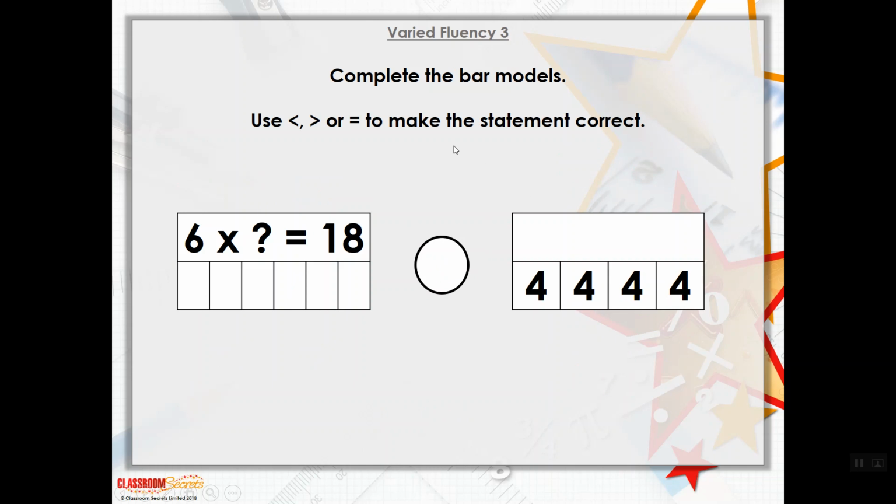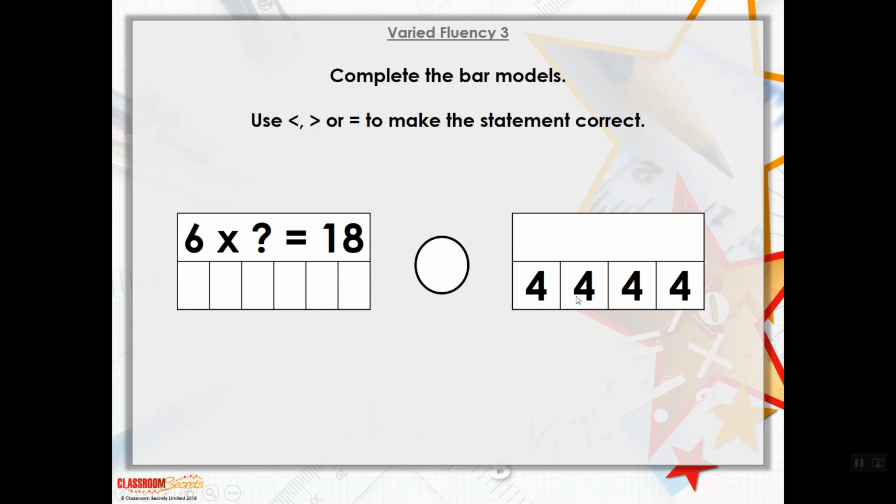Now, we need to look at the bar model. We've got to use smaller than, greater than, or equal to make this statement correct. I've got 6 times something equals 18. I know that 6 times 3 is 18, so I would need to say 3 and 3 and 3 and 3 and 3 and 3 in there to make 18.